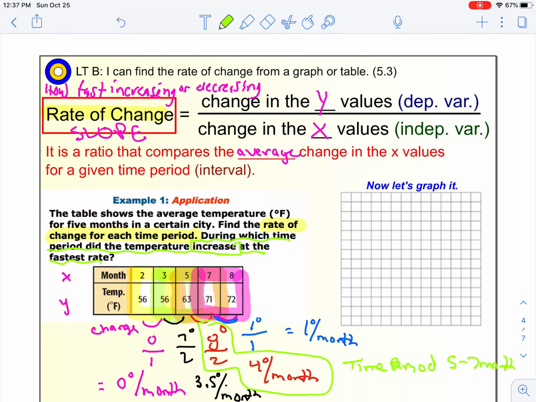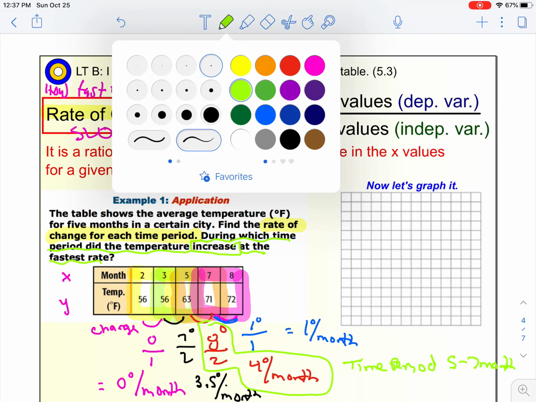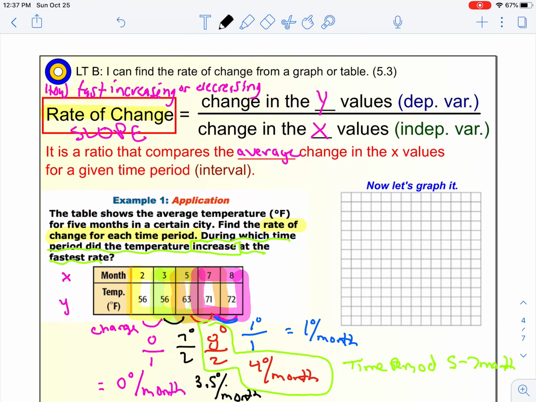So let's see what this looks like on a graph. When we graph this, we have our x's just like normal and our y's. And remember, it's the change in the y values compared to the change in the x values. So the temperature depends on the month of the year it is. That makes sense.